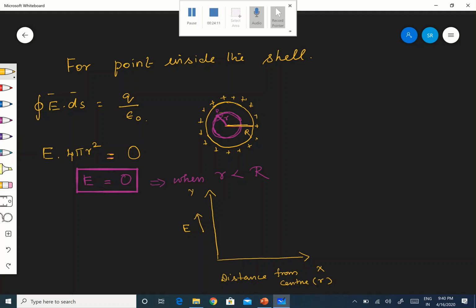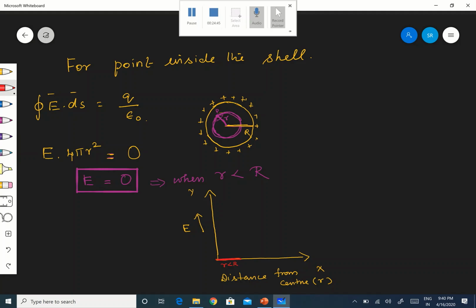Now, how to plot? Taking different distances: first, when the distance is less than R, which means the point is inside the spherical shell, there will not be any electric field.